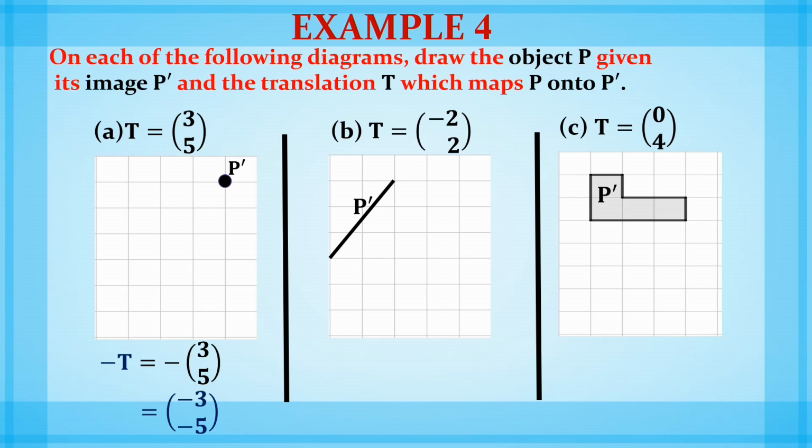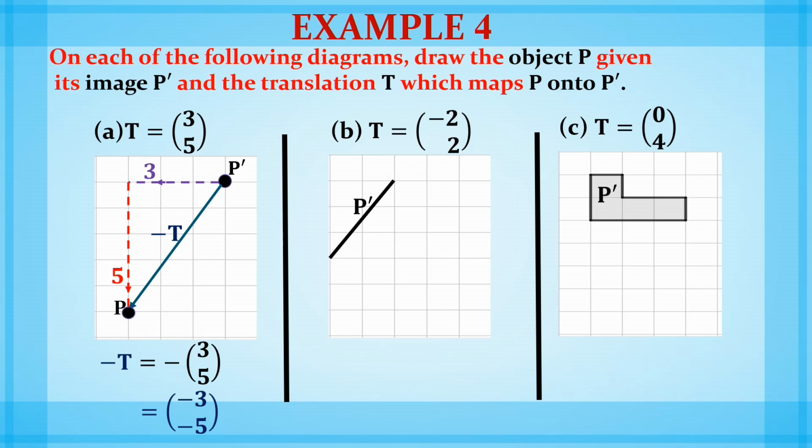Now, the translation negative T moves the image P dash 3 units to the left, followed by 5 units downwards, thereby leading to the object P.